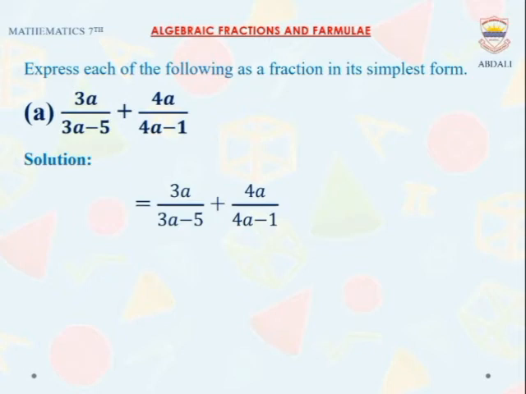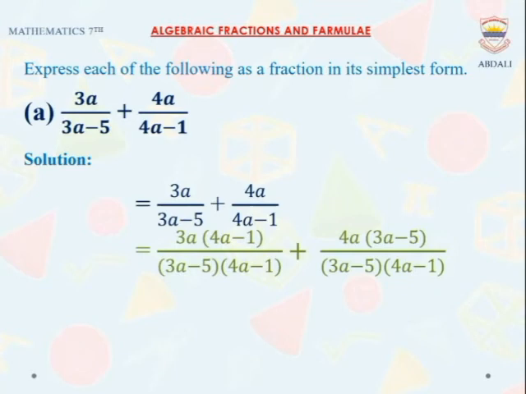So we will multiply the denominator of the first fraction to the second fraction, and we will multiply the denominator of the second fraction to the first fraction. The denominator of the second fraction is 4a minus 1, and we multiplied the whole first fraction. Both numerator and denominator of the first fraction are multiplied by 4a minus 1.